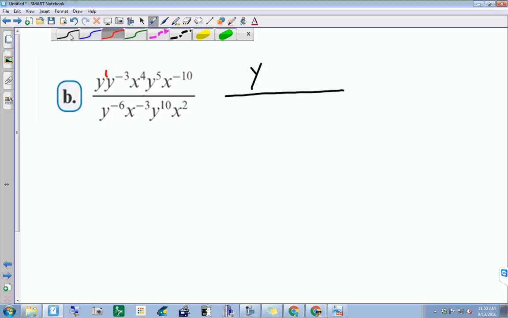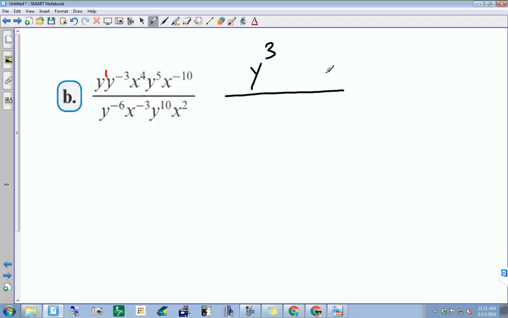So, if I look at just the y's, I've got 1 here plus negative 3. What's 1 plus negative 3? Negative 2. Plus I've got a 5 over here. So if I take all those together and I add them up, what do I get? So I had 1 plus negative 3, which is negative 2. Negative 2 plus 5 is 3. So that means y is to the 3rd power up here.